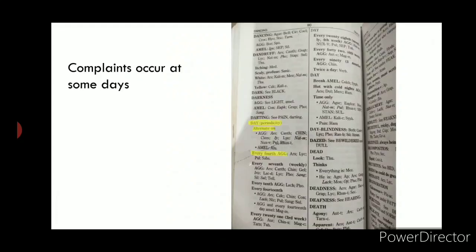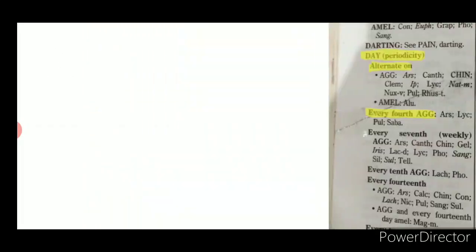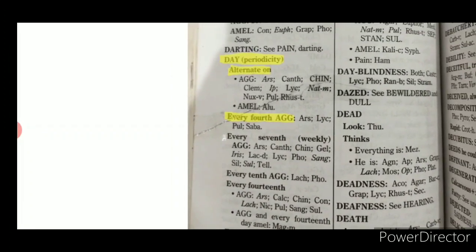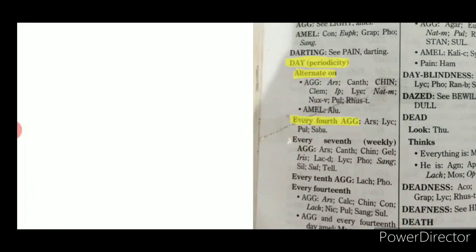Then if the patient complains that my symptoms are occurring at some interval of days, we have a rubric of days, with a bracket periodicity, and you can find a good list of all the alternating days and alternating weeks.